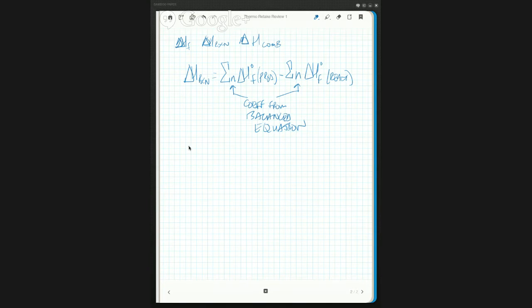Okay, so the phenol, I think that was a combustion one. Let's take a look real quick. Yeah.